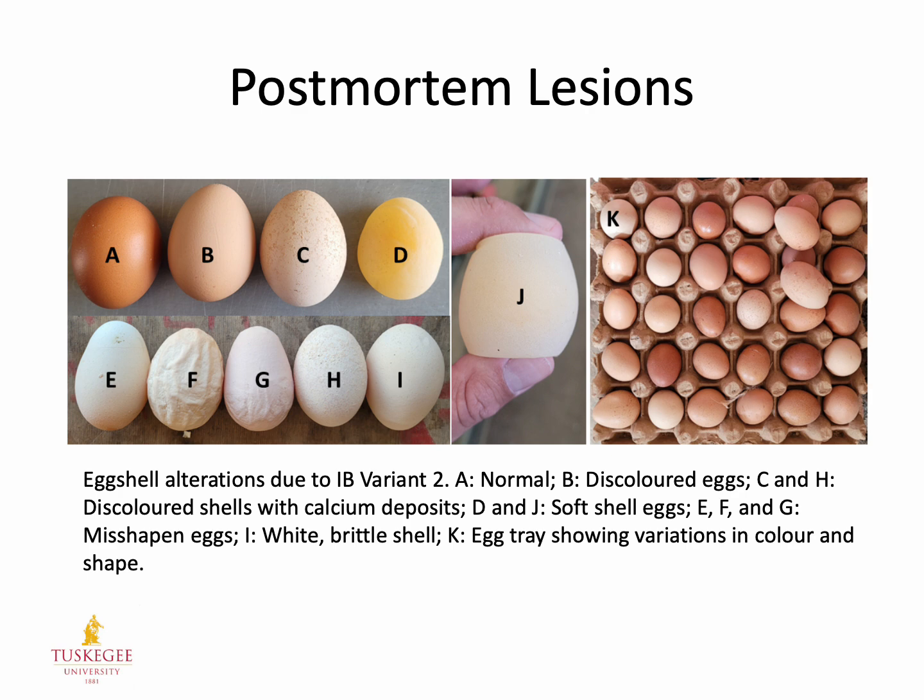B is just a slight alteration from A. But from C we can tell the impact of infectious bronchitis on laying chickens. In C we can see pinpoint calcium deposits. D is just a soft-shelled egg. D and J are very soft-shelled. E, F and G are misshapen. H has pinpoint calcium deposits. And I is also misshapen and very fragile.